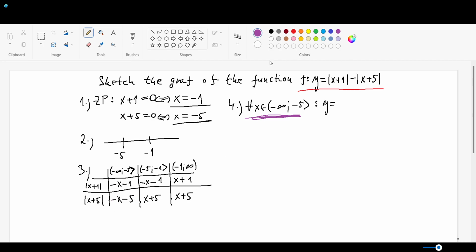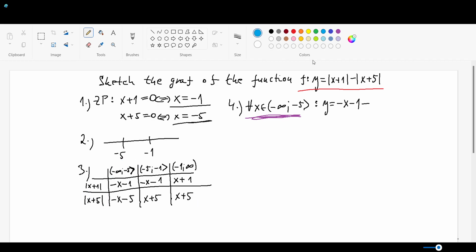And now, as I'm working on this interval, I have to take only this part of my table, basically only these 2 expressions. So instead of writing the absolute value of x plus 1, I already know that on that interval it behaves like this. I'll replace it with the expression minus x minus 1, minus. You still keep this sign, okay? You just simply write this sign here, and then you choose the expression from this cell, because you are looking for the expression on this interval for this absolute value.